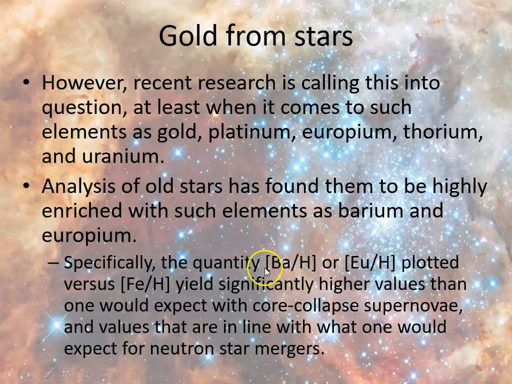The brackets mean you're comparing this ratio with that same thing for our sun. Or, again, with europium to hydrogen and iron to hydrogen. So what we're saying is that in these old stars that they've been studying, they have found a significant enhancement of barium to hydrogen relative to iron to hydrogen when compared with our sun.